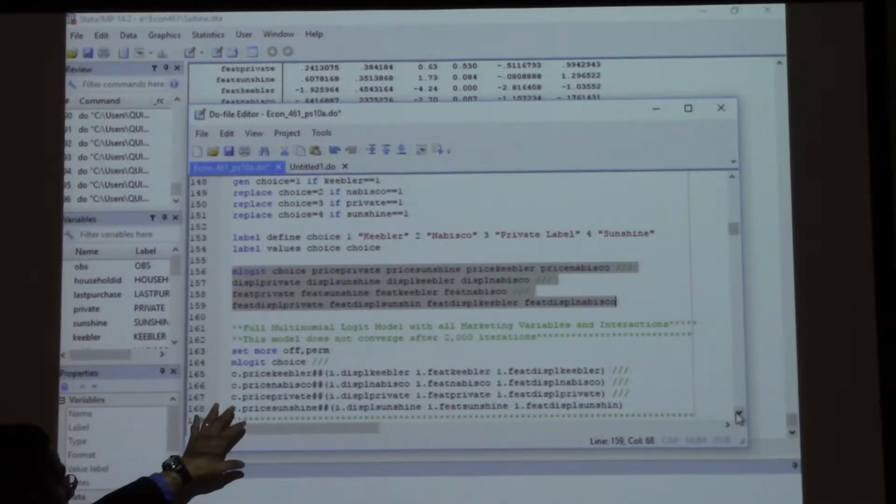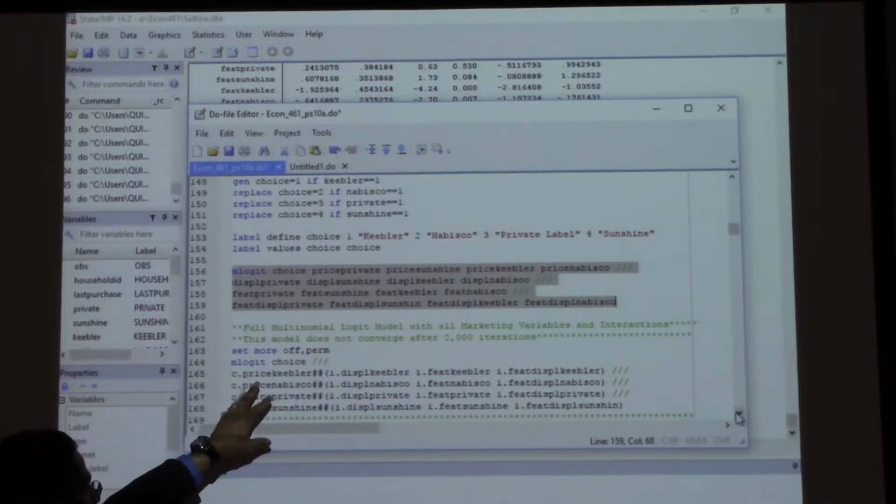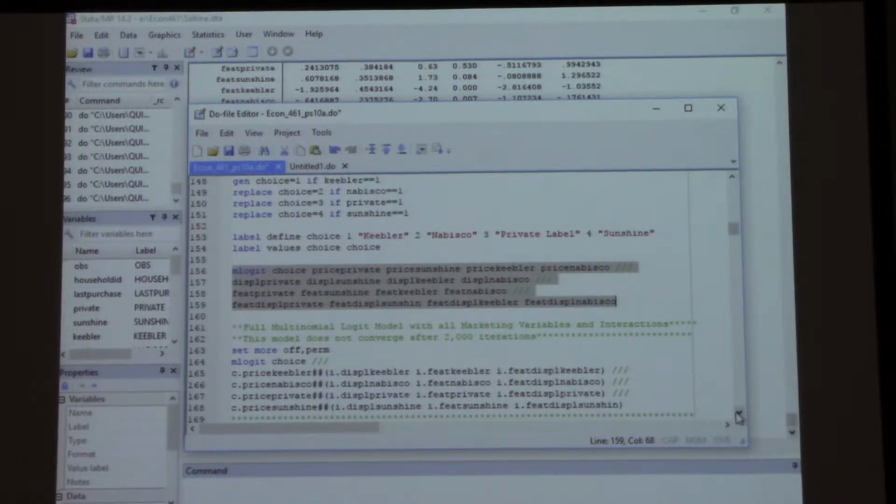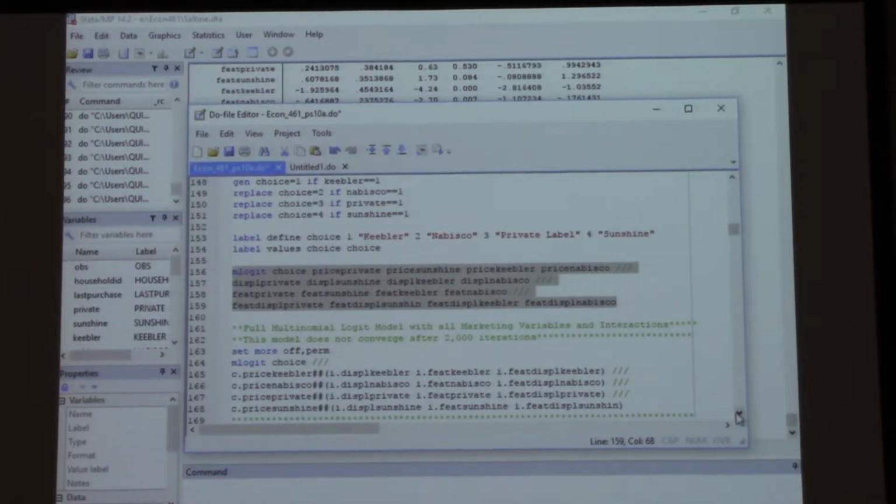The whole idea of interacting price and promotion in that original paper was that if we don't interact them, we're assuming the two demand curves without promotion and with promotion are the same. But if we allow price and promotion to interact, then we allow a difference in the elasticities with promo. So that's why we interact price and promotion.